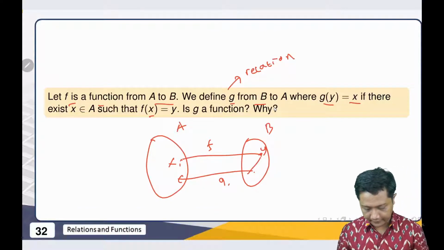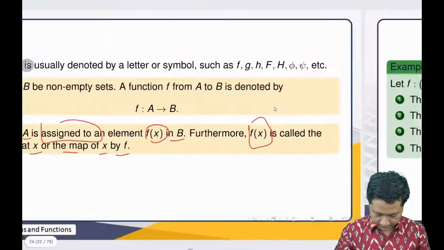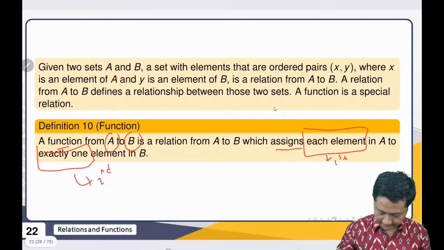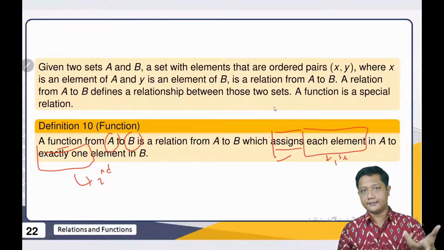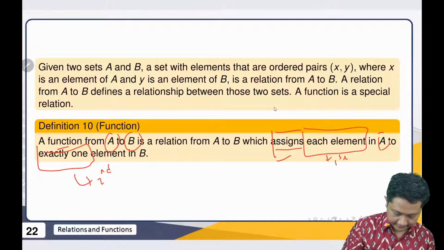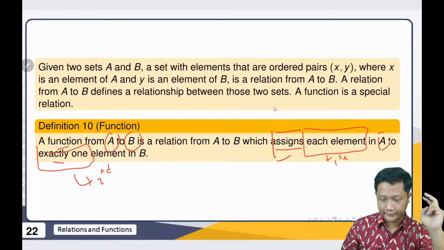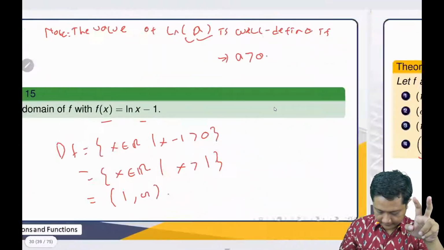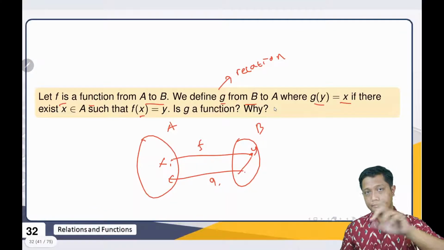Because remember, when we have a function, there are two conditions. The first condition is that it should assign each element in the domain, and the second is that the assignment is exactly 1. So there are two conditions, and we try to make g satisfy both conditions from B to A.